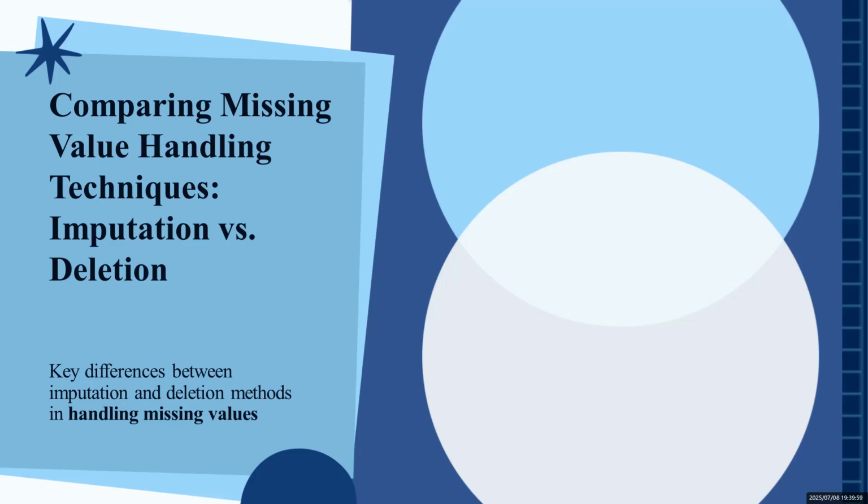Now, let's take a look at the comparison between missing value handling techniques, such as imputation versus deletion. What are the key differences between imputation and deletion methods in handling missing values? All right, so let's take a look at this.